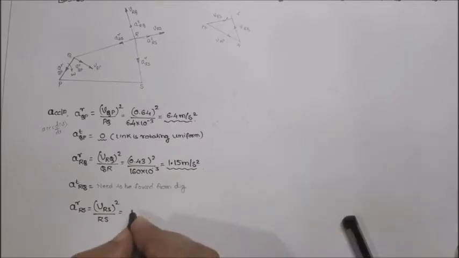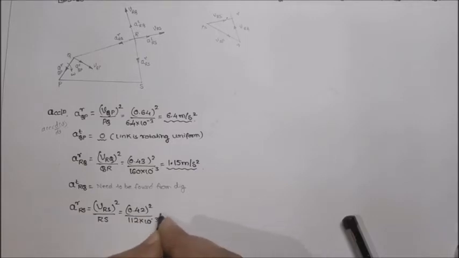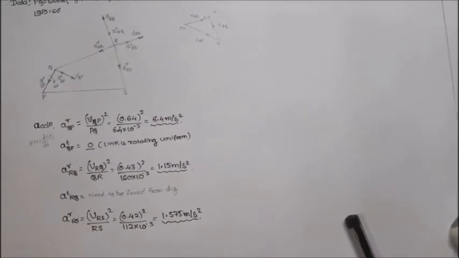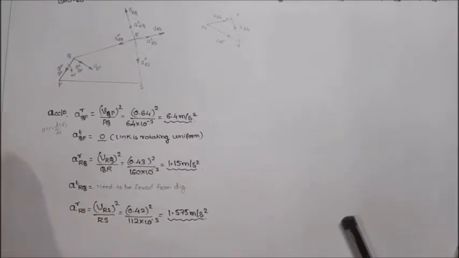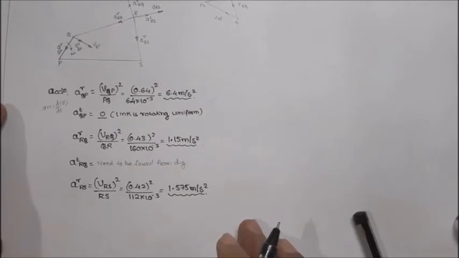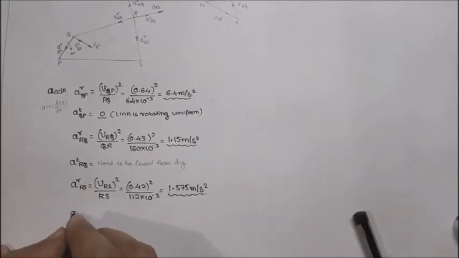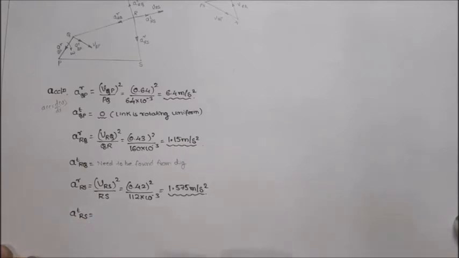The value of this is 0.42 to the power 2 divided by the RS value, 112 into 10 to the power minus 3, equal to 1.575 meter per second square. So this is another radial component. Next we need to find the tangential component. Again we'll write the tangential at a point RS, and again it needs to be found from the diagram.